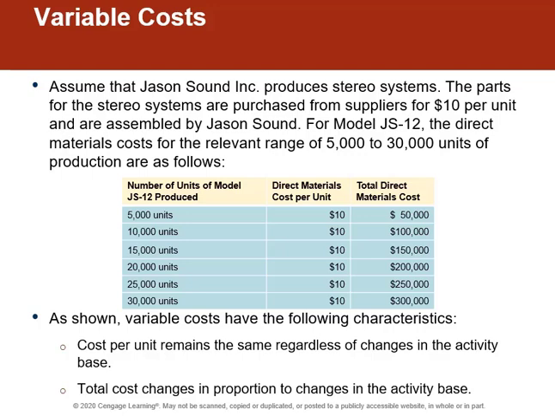And very similarly, if they go above 30,000 units, it could be that they would be able to purchase so much from the supplier that they could get an even better rate than the $10 per unit that they're paying right now. Maybe that cost could go down to $9.50 or $9. But that's the whole idea of a relevant range. And we're going to talk about it when it comes to fixed cost as well, because it tends to be especially important as it relates to fixed costs.